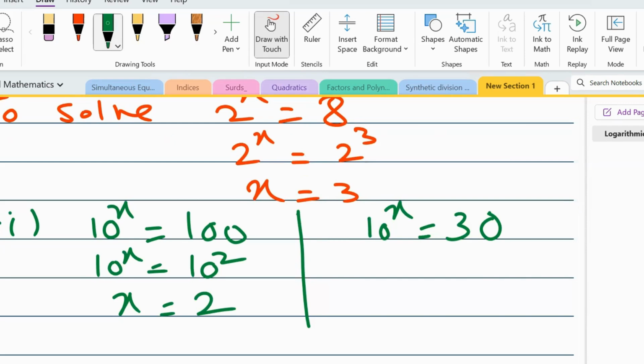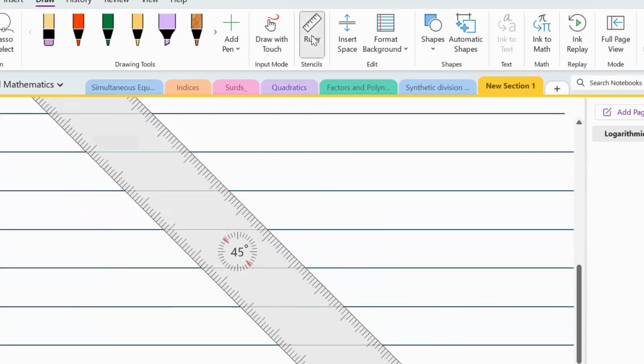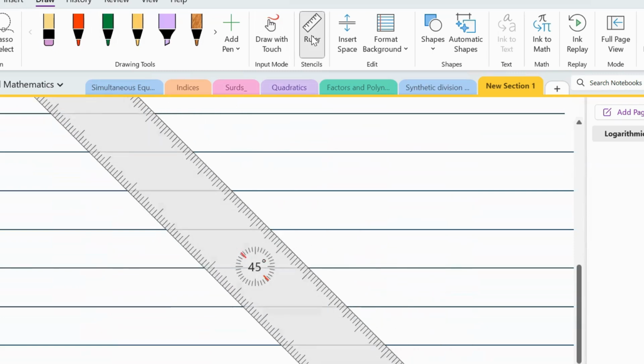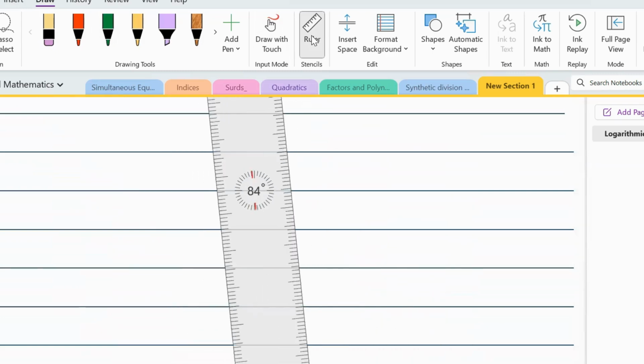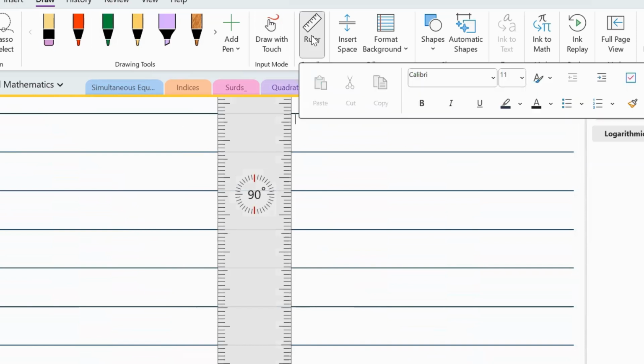However, you can make use of a graph. You can draw an exponential graph, and you know the exponential curves are of the type like this.